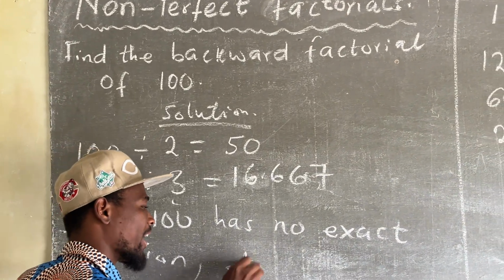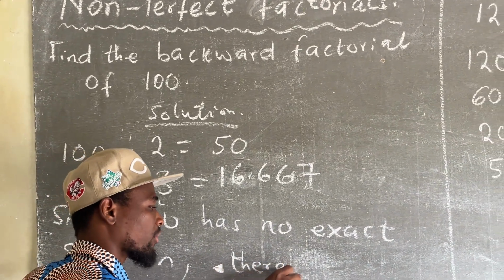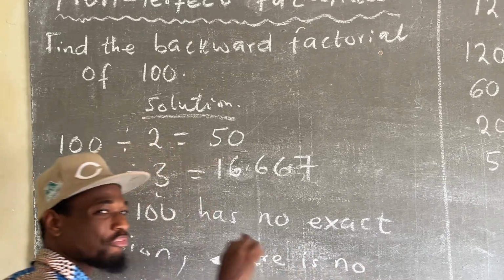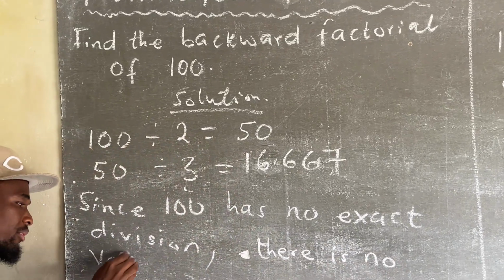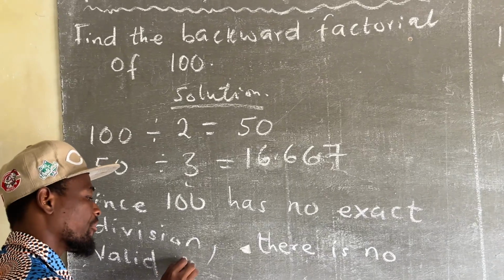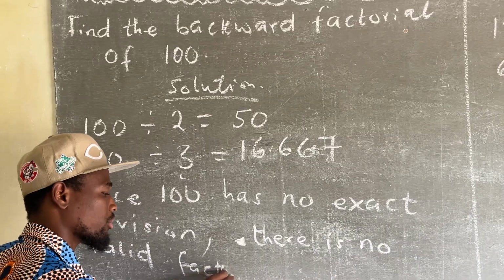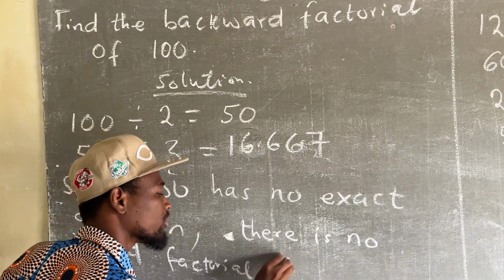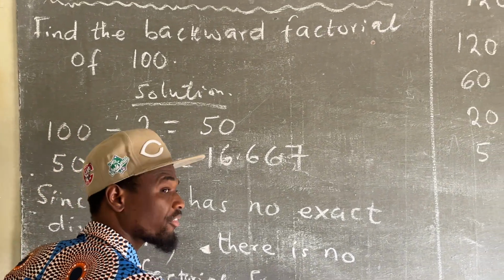therefore there is no valid factorial for 100.